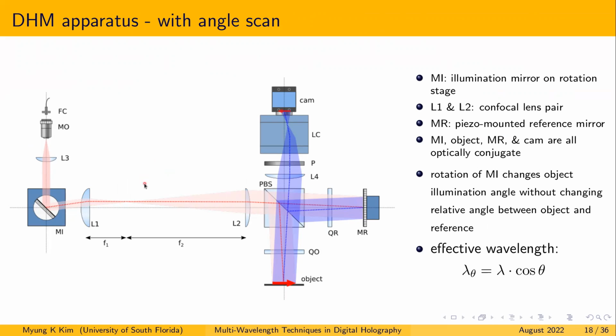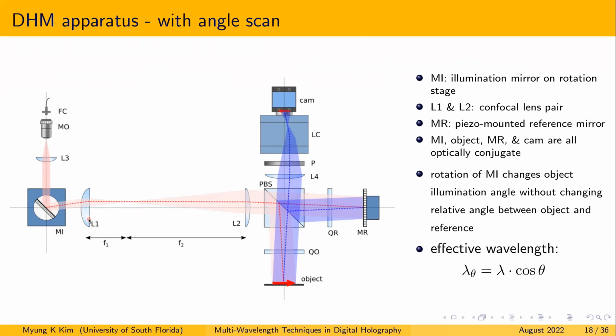This is an example of optical configuration for angle scanning holography. The input mirror M1 is mounted on a digital controlled rotation stage. And the confocal lens pair L1 and L2 image the rotating mirror on the object plane, which is also optically conjugate with the reference mirror and the camera plane.